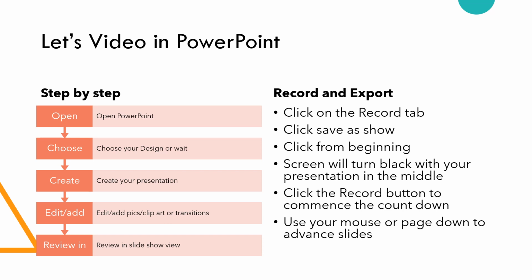The screen will turn black with your presentation smaller and in the middle, with your buttons at the top for edit, your timing, your recording, your pause, turning on your mic, off your mic, on your video, off your video, and the export button. Click the record button to commence, and it will count you down from 3.